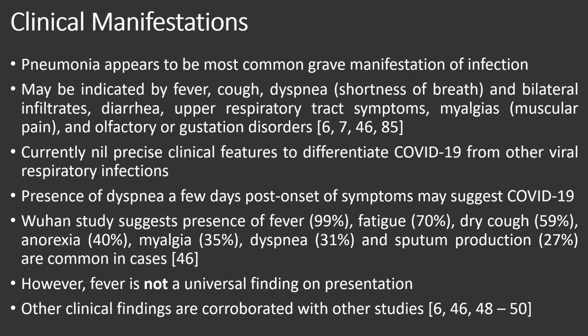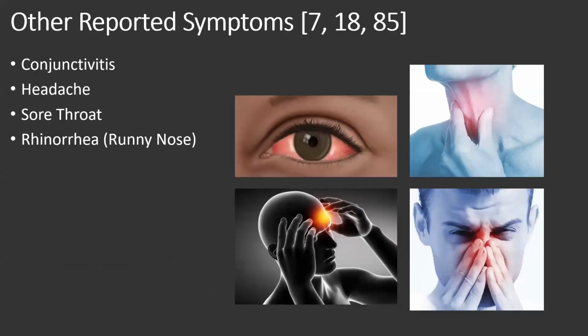But it should be noted that fever is not a universal finding on presentation when we corroborate with other studies, though these studies have indicated a similar scope of clinical findings on presentation. So some other reported symptoms from studies include conjunctivitis, headache, sore throat, and rhinorrhea, or what is commonly known as a runny nose.